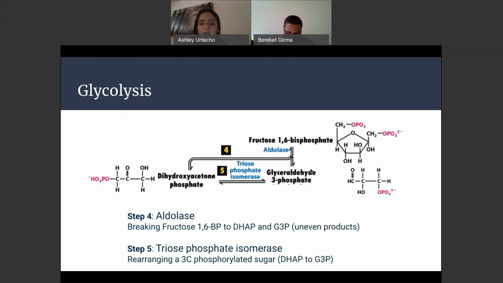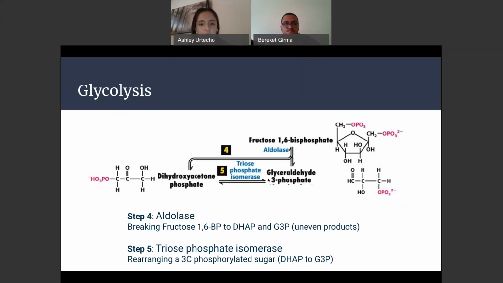Our goal here is to make 2 molecules of glyceraldehyde 3-phosphate. But because we have 2 uneven products, we're going to make dihydroxyacetone phosphate. So we're going to use triose phosphate isomerase to convert DHAP, which is a short name for dihydroxyacetone phosphate, into glyceraldehyde 3-phosphate. That's all we're doing.